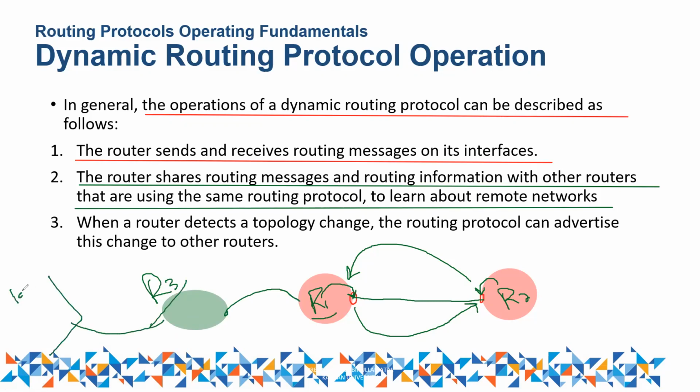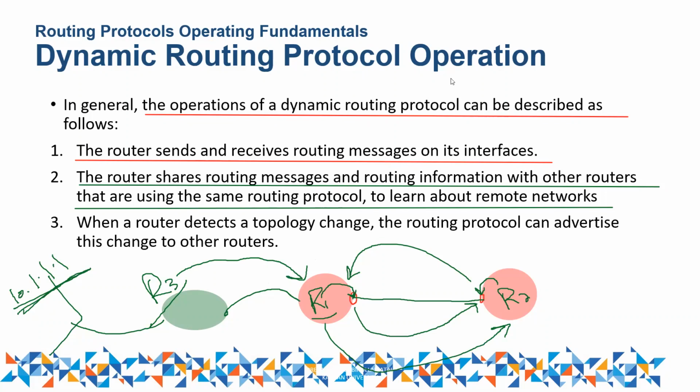Let's suppose there is a network 10.1.1.1, but R2 doesn't know about this network. So who will inform R2 about this network? Definitely R3 will share information with R1, and R1 will share the information about this remote network with R2. This is the basic job of the routers: they always share routing information with each other.